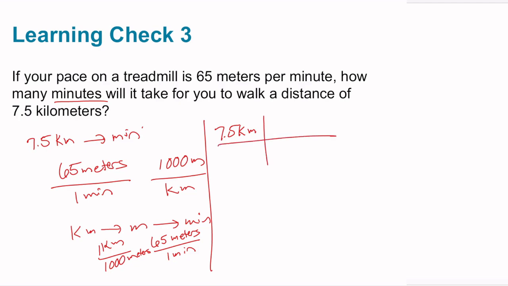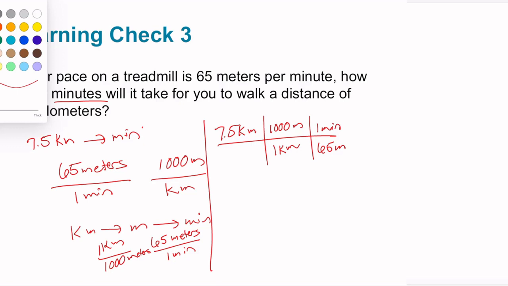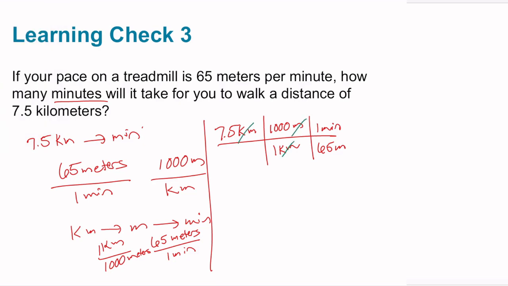We've got 1,000 meters is 1 kilometer, and we're traveling at 65 meters per 1 minute. Now we see that kilometers cancels, meters cancels, and we're left with minutes.